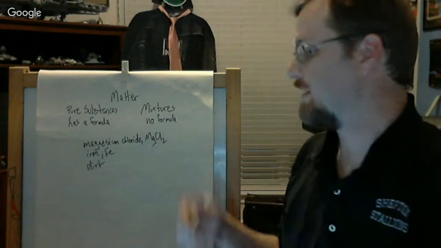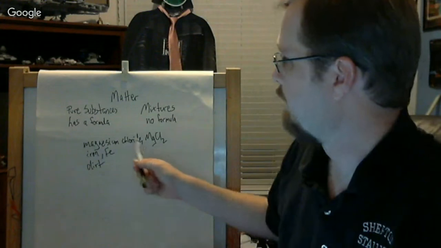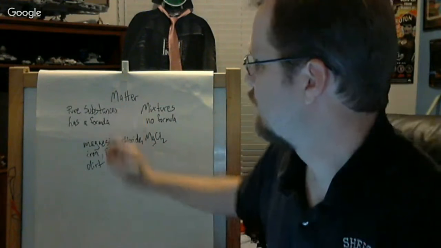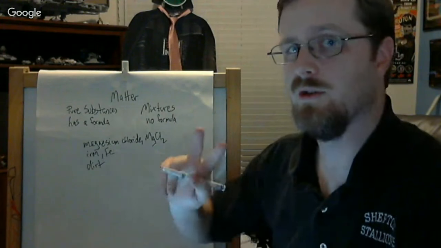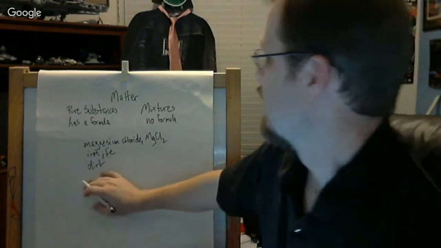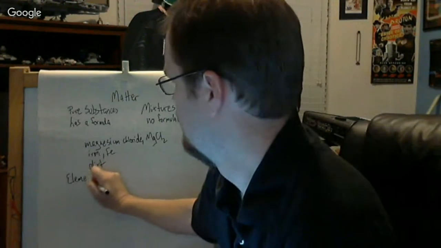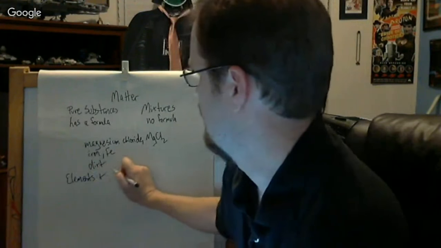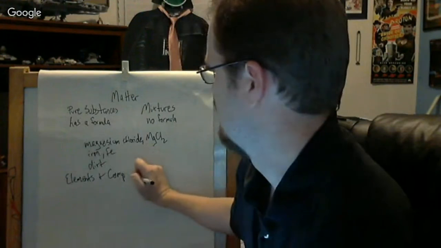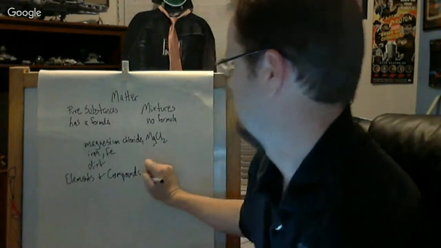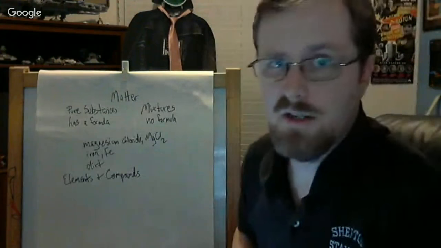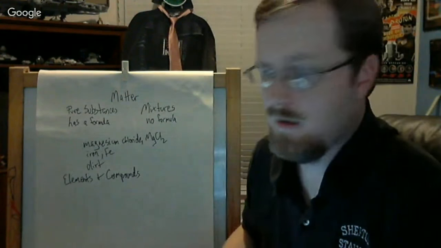Okay. Now, something else that I want to point out here. Pure substances can be broken down into two smaller categories. Those are elements and compounds. Now, how do you tell the difference between an element and a compound?